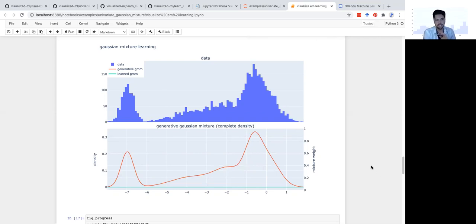All it is is a few Gaussian distributions, each of which has a mean and a standard deviation, and each of which has a weight that corresponds to how much it contributes to the overall mixture. So in learning a Gaussian mixture, the parameters to learn are those three things across the whole mixture.